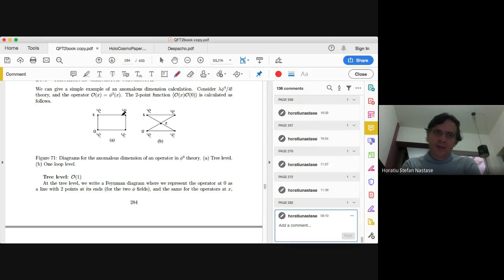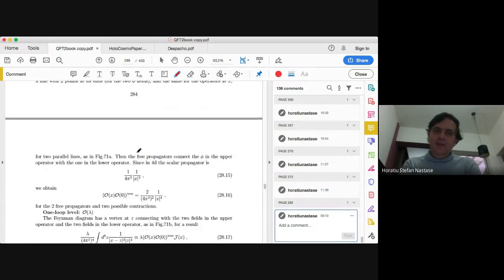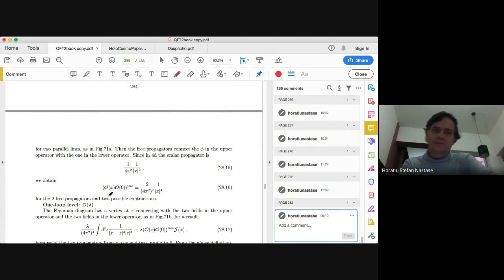So I have this Feynman diagram, but I also have the crossed one, when I connect this phi with this one and this one with this one. So I have 2 ways of connecting, so I have a factor of 2 times this propagator squared. That's the tree value of the 2-point function of operator O.